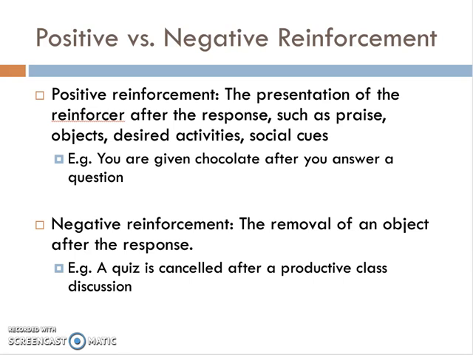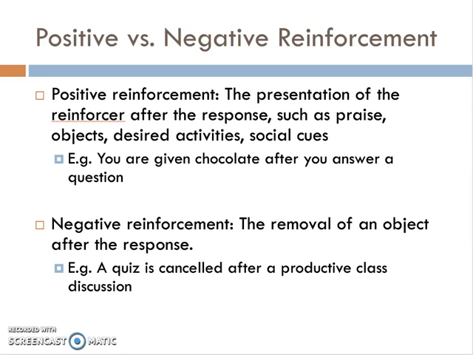So positive reinforcement is the presentation of a reinforcer after a response, and this reinforcer is something positive that we like, such as praise, giving an object like a toy, doing a desired activity like playing a game, or social cues like giving a smile. So for example, imagine I gave you chocolate after you answered a question, right? If you love chocolate, then you might be more inclined to answer questions in the future.